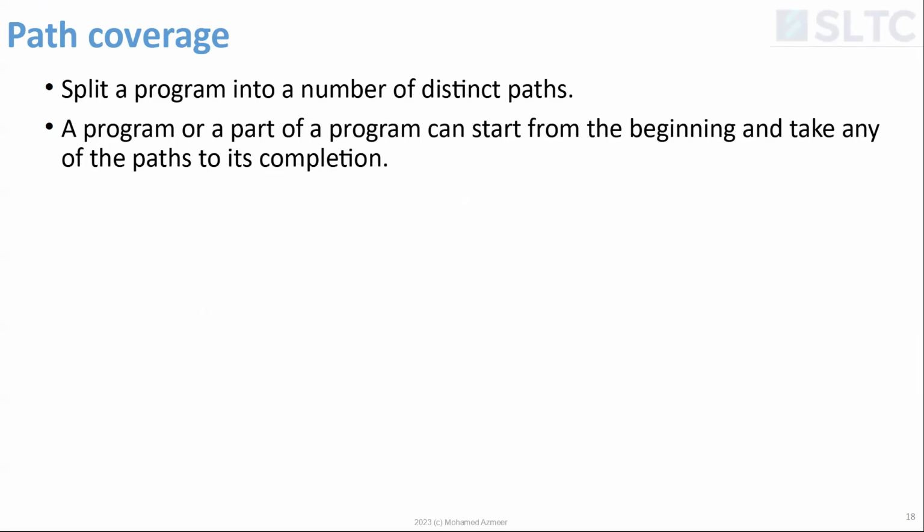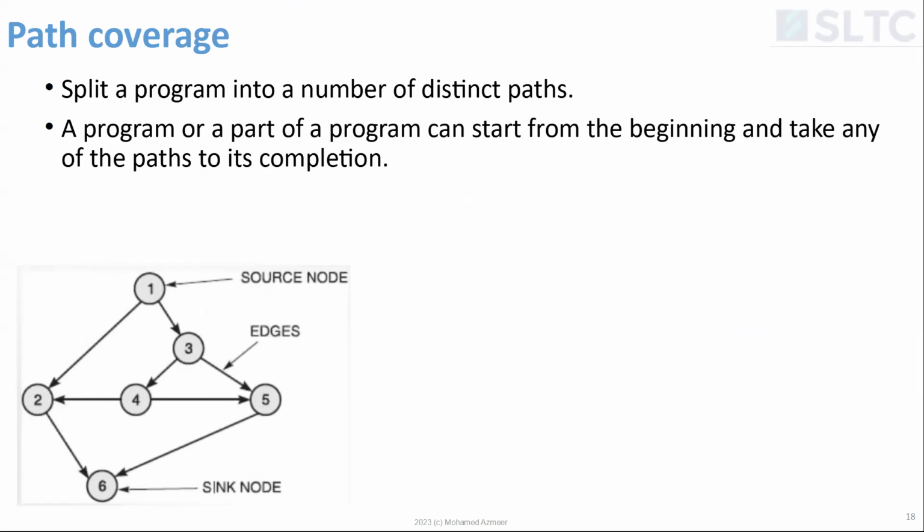Right. Next is called path coverage. What does that mean? Your program runs from one end to another end, isn't it? So while running, there are different paths available like this. See, you can go from A to 1 to 2 by directly going from 1 to 2.